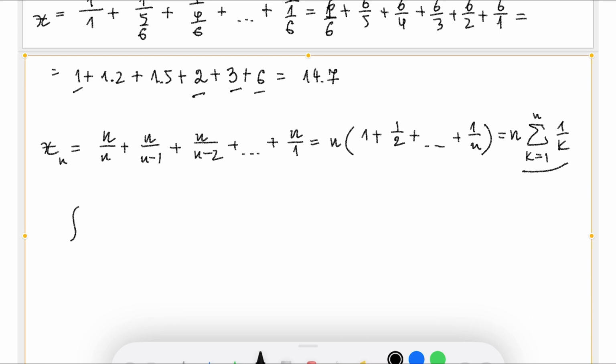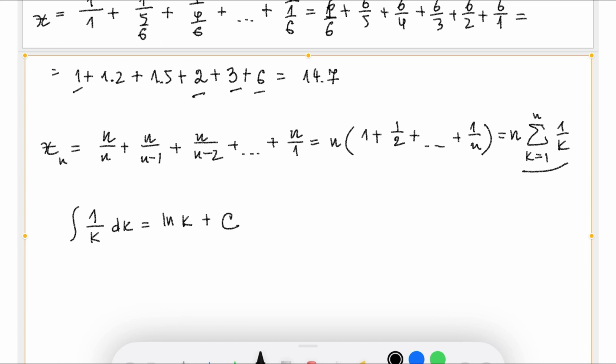So we can think, what is the integral of 1 over k dk, and this is nothing more than the natural logarithm of k. Because if you differentiate ln of k, you will get 1 over k, plus some constant.